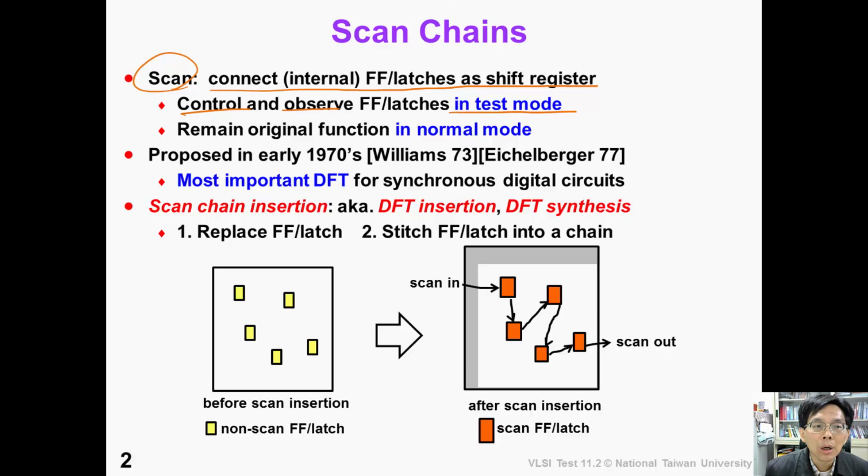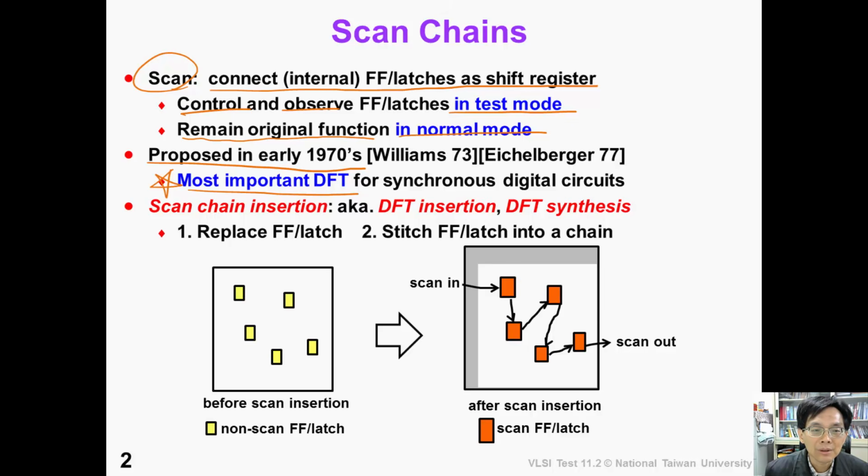Please note that we still want to retain the original circuit function in normal mode. The idea of scan was first proposed in the 1970s by Stanford University and other companies. Scan remains one of the most important DFT techniques for synchronous digital circuits.